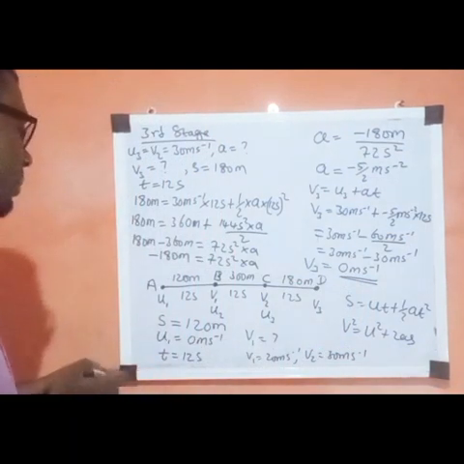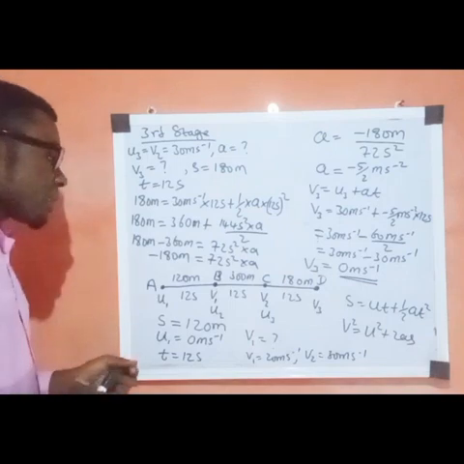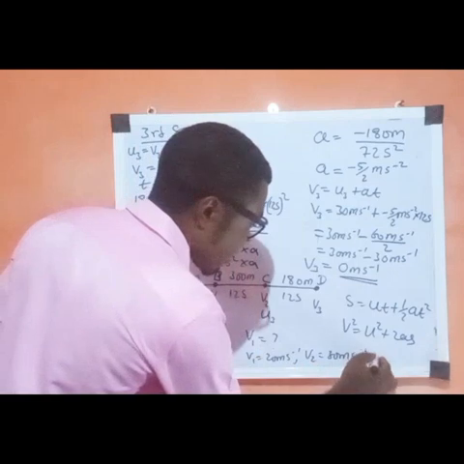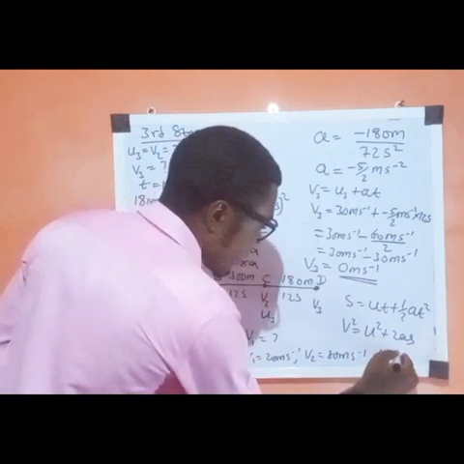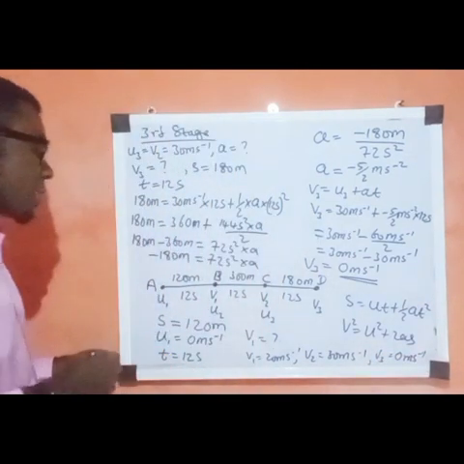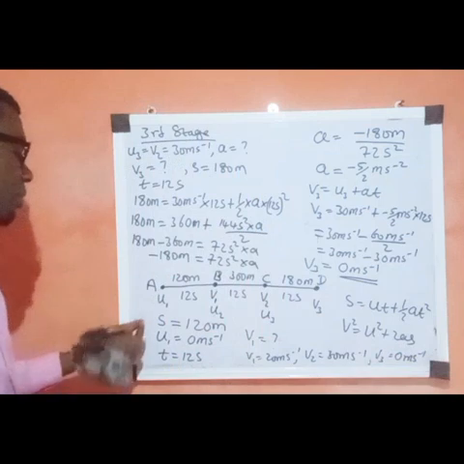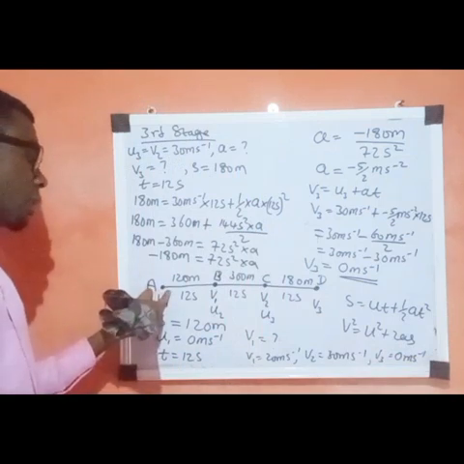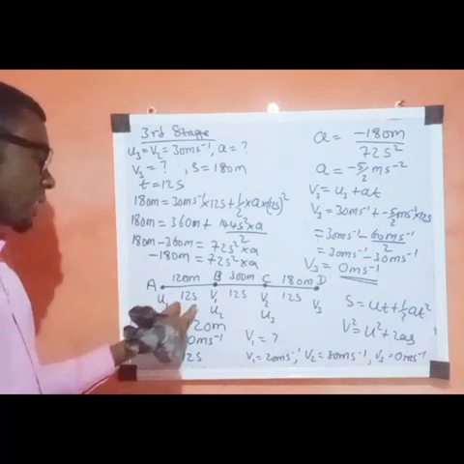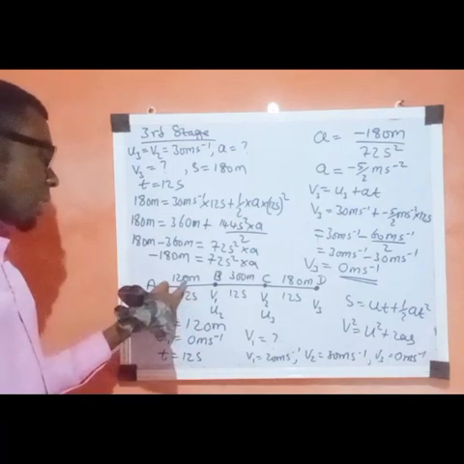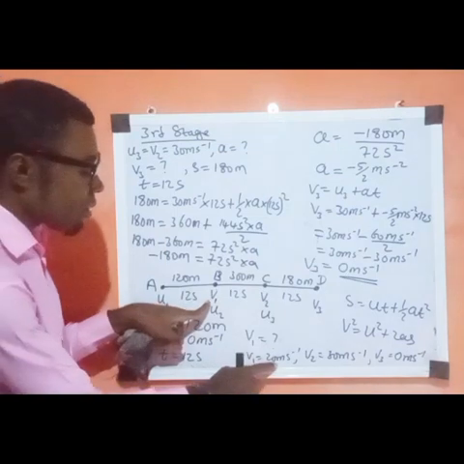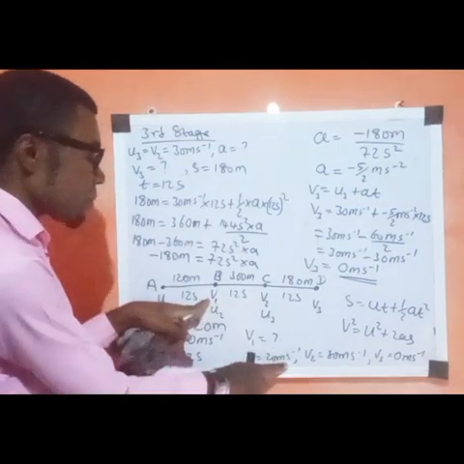So the final velocity at the third stage is 0 meters per second. What is this telling us? v1 is 20 meters per second, v2 is 30 meters per second, and v3 is 0 meters per second. It is telling us that the body started from rest, accelerated for the first 12 seconds, and after 120 meters attained a speed of 20 meters per second.